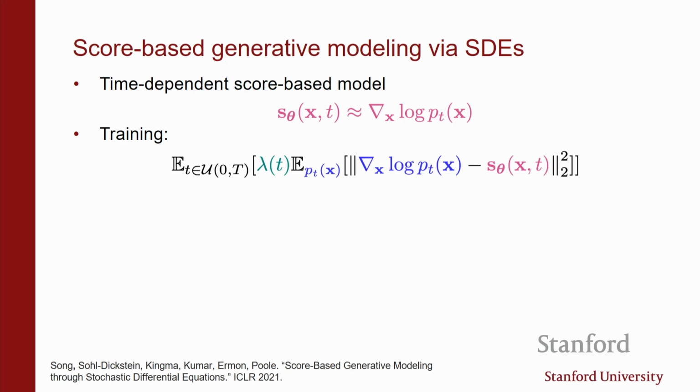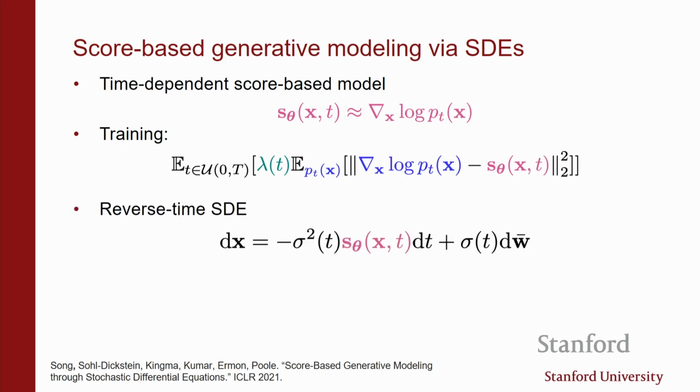All the time steps that we have in that plot. And if you can somehow train this model well, you can drive this loss to a small number, which means that this score model approximates the true score accurately.